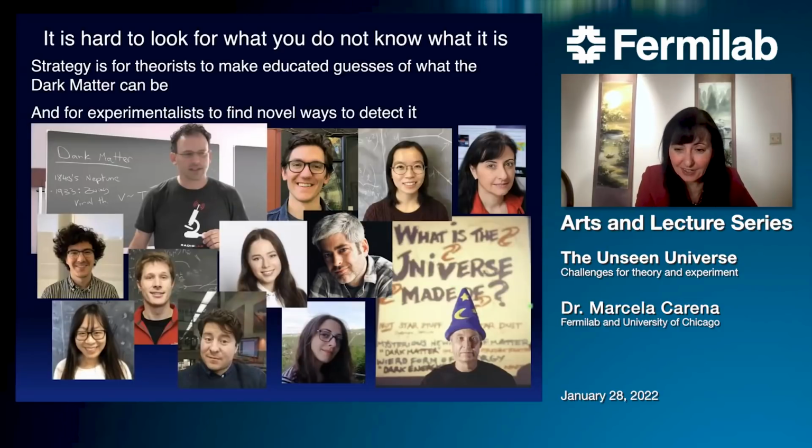Mike Turner here, who used to be a distinguished fellow at Fermilab and is professor at the University of Chicago, was the one who coined the name WIMPs, weakly interacting massive particles. And this is one of the most promising ideas for dark matter. So as theorists, we try to connect the existence of dark matter to some other mysteries of particle physics.